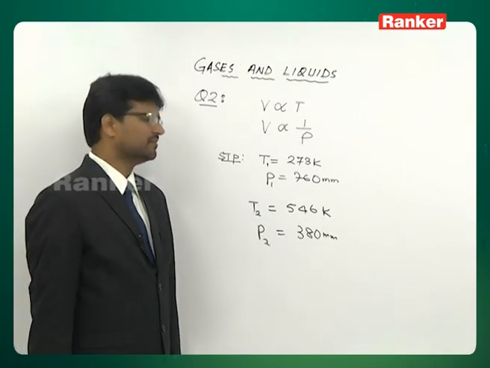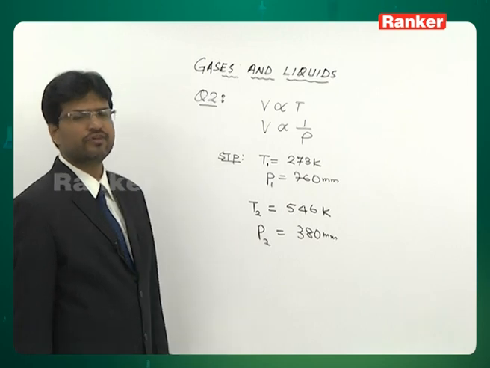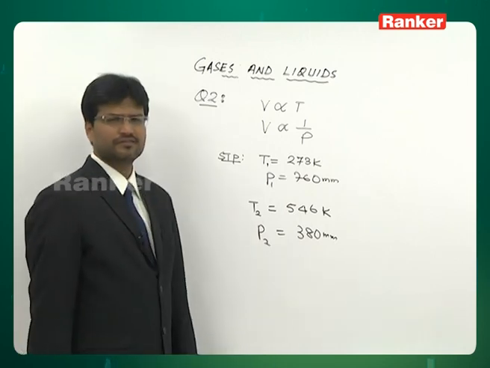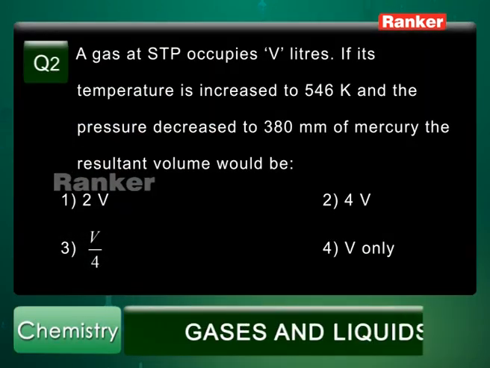So the net change is volume becomes 4V. It increases 4 times. So the correct answer is second option, 4V. The answer is second option.